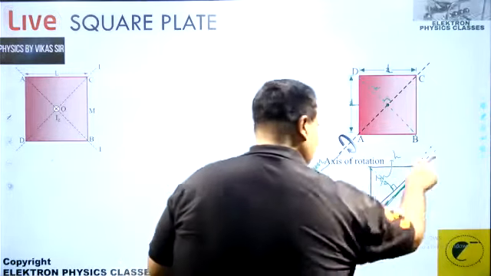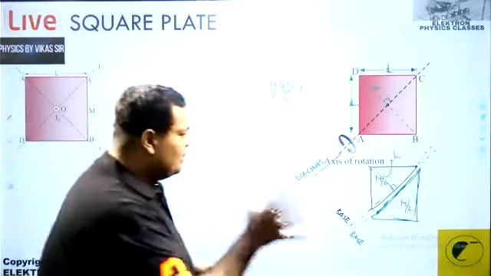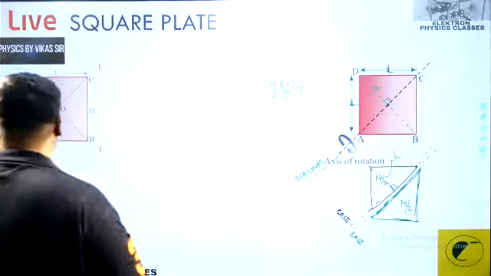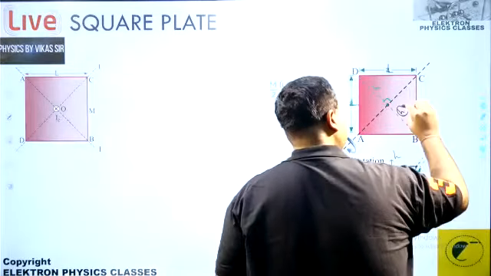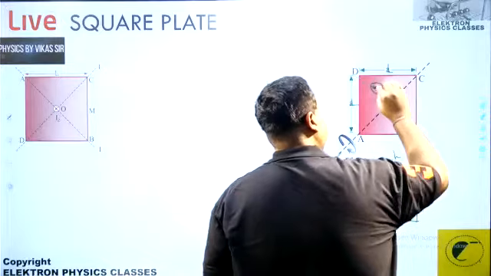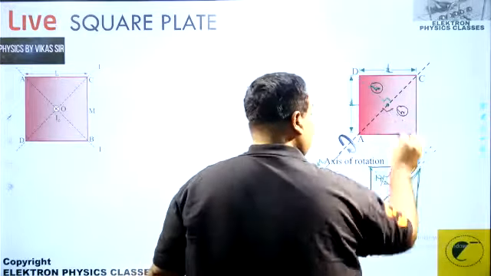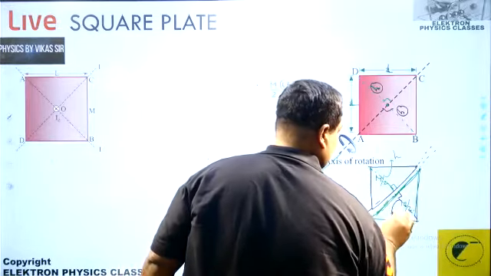That's for this triangular plate, but this axis also serves as the base axis for the other plate, and for that also this serves as h. This is also the perpendicular distance, and this mass is also m by 2, and this distance is once again h.